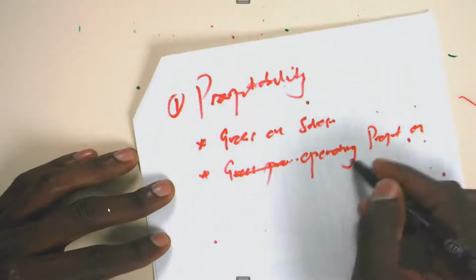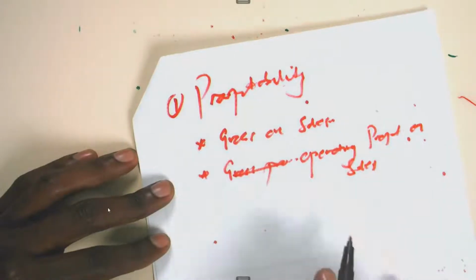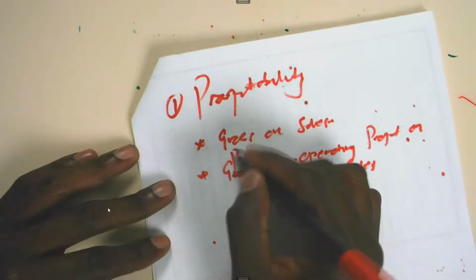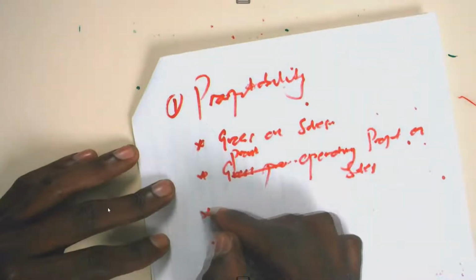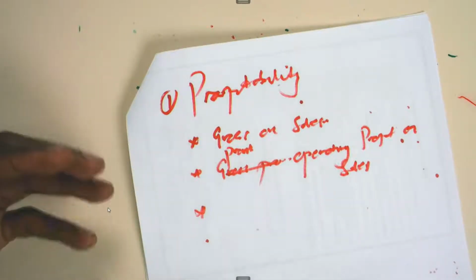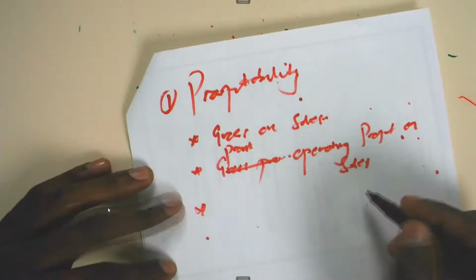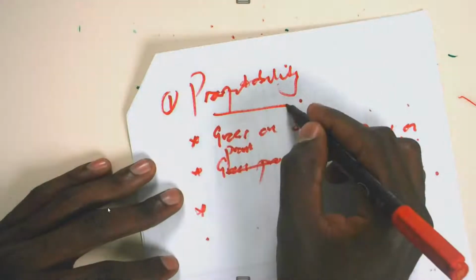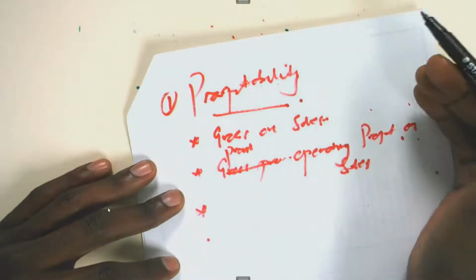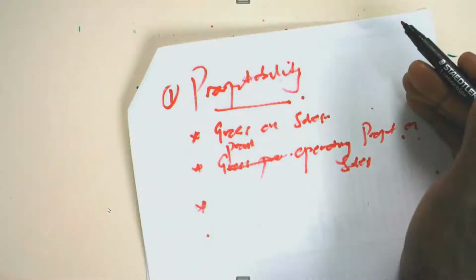This can also determine how much profit we are going to have, and the gross profit on sales, the markup percentage on cost. They can also determine how profitable the company is. So these are the profitability ratios that can tell whether the company is more profitable or not profitable.